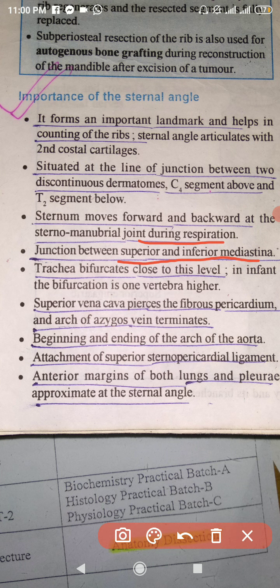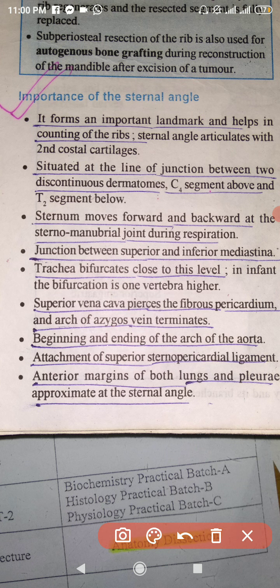Mediastinum means the area or space between the two lungs, and we divide the mediastinum into two: the superior mediastinum and the lower one, the inferior mediastinum. So the sternal angle acts as a demarcation point between the superior and inferior mediastinum.